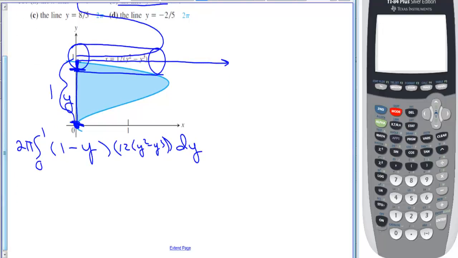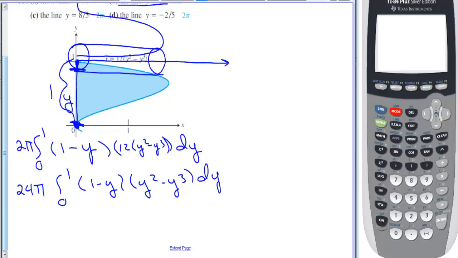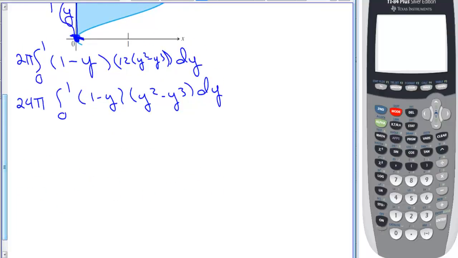All right, so what if we factored out the 12? Made this 24 pi, 0 to 1, 1 minus y, y squared minus y to the third, dy. Then we'd have 24 pi, 0 to 1 of y squared minus y to the third minus y to the third, y to the fourth.